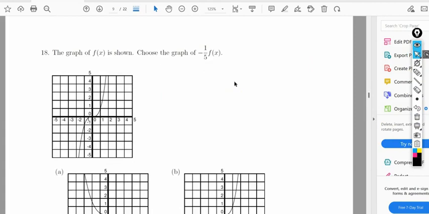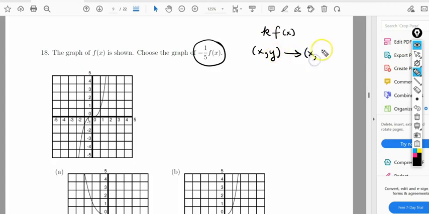Okay. Now, what does it do when you multiply the outside of a function by a number? If I'm multiplying the outside of a function by a number, then if x comma y is a point on the graph of f, only the y coordinate gets multiplied by the number outside.